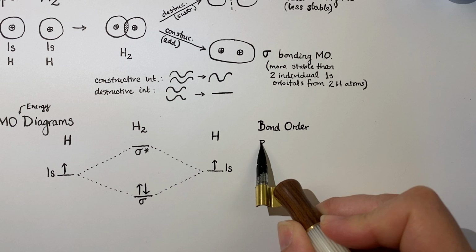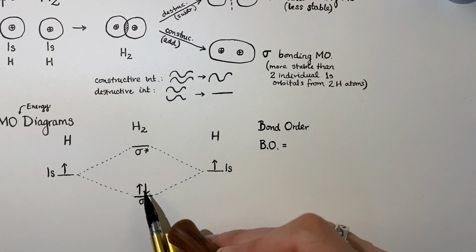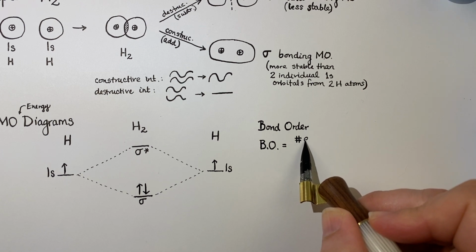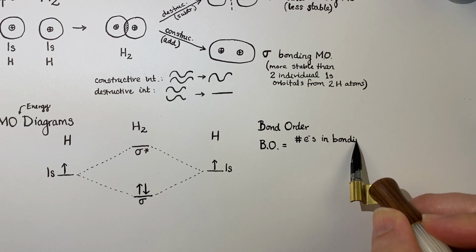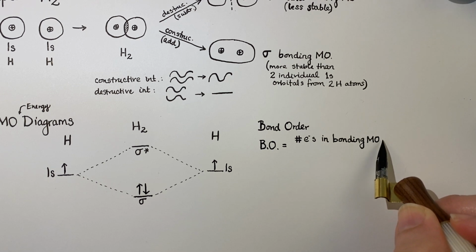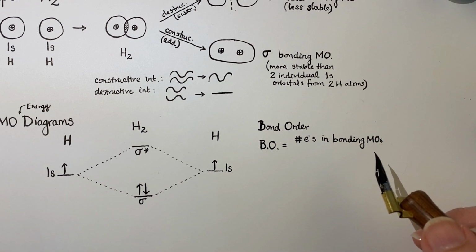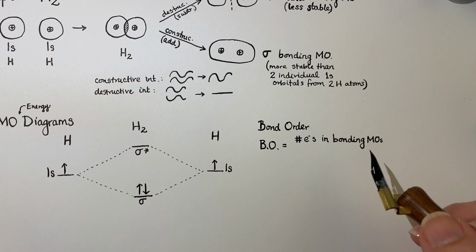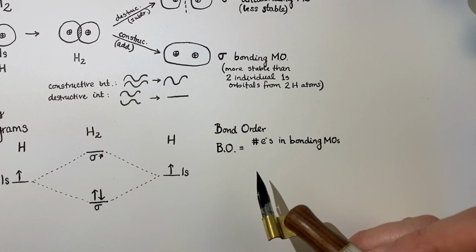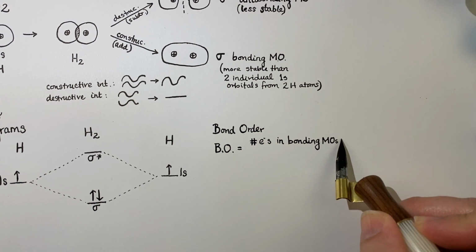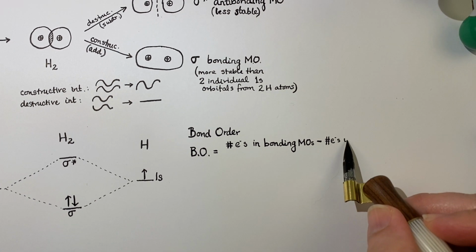And so when we calculate bond order, the number of electrons that are in the bonding molecular orbitals, those are going to contribute to a stronger bond, to stabilization. Meanwhile, if there are any electrons in antibonding orbitals, those are going to destabilize the molecule and they're going to weaken the bond. So we subtract out any electrons that are in antibonding orbitals.